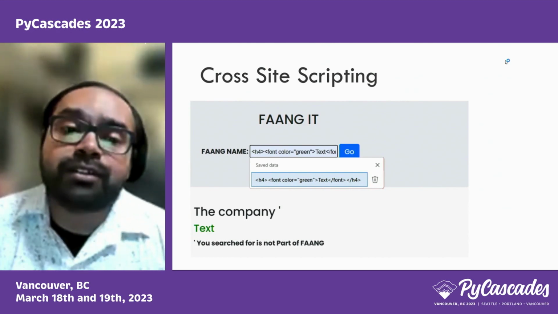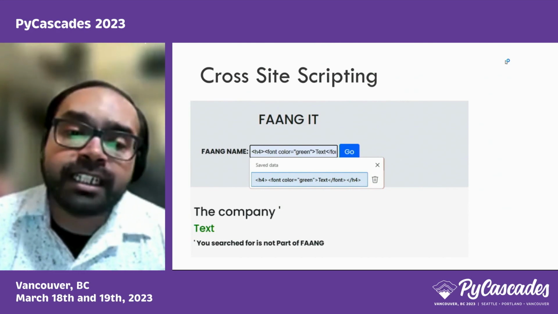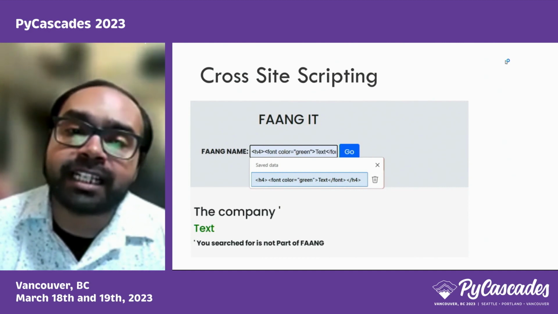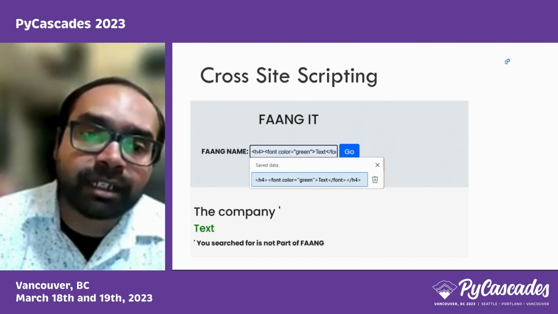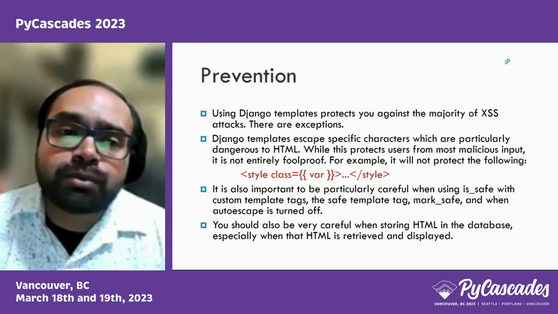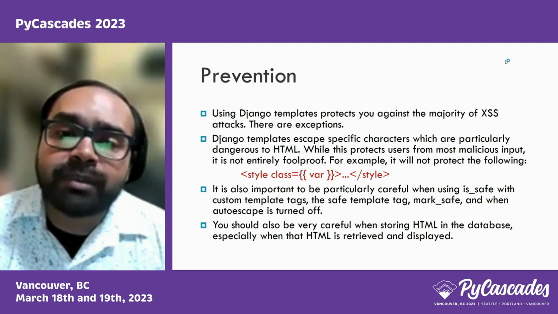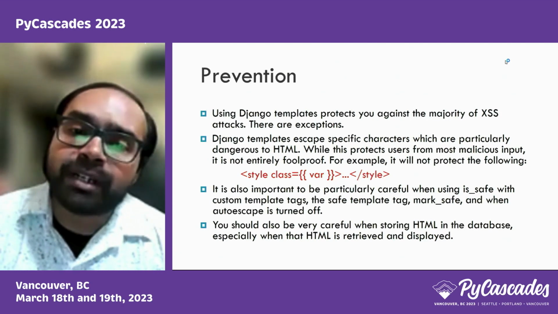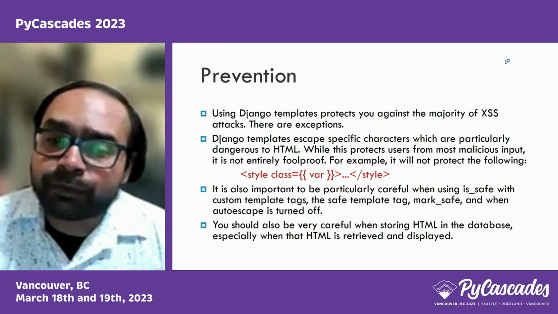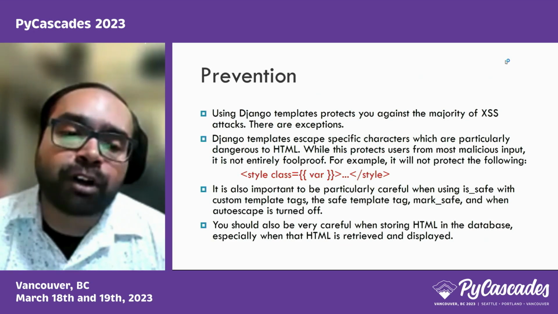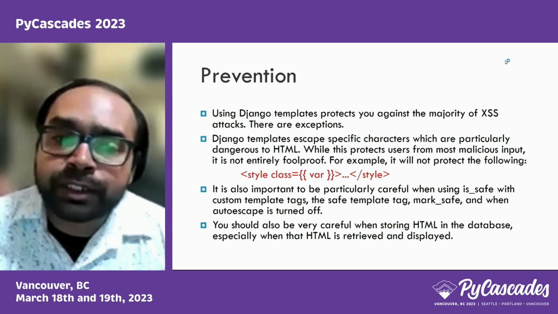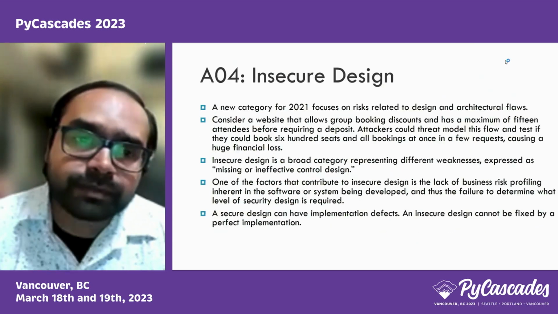So if the JavaScript code or the HTML code works here, that means that particular site has got a cross-site scripting vulnerability. Now, to handle cross-site scripting vulnerability, you can use Django templates, which protect you against the majority of XSS attacks. But of course, complete protection may not be possible, but you can use Django templates.